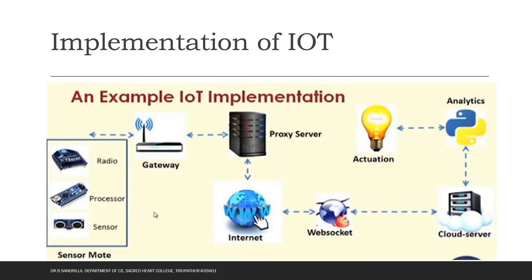Next comes the implementation of IoT. Let us see what the implementation of the Internet of Things looks like. On one end, we have various devices which include processors, sensors, and some fitted equipment like radios, which sense the data.